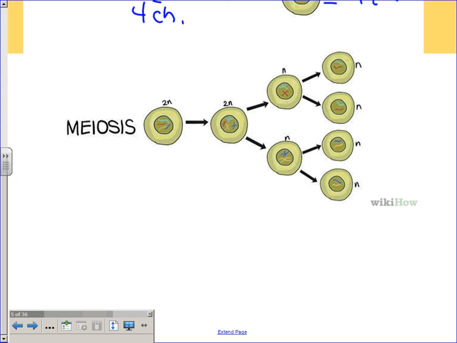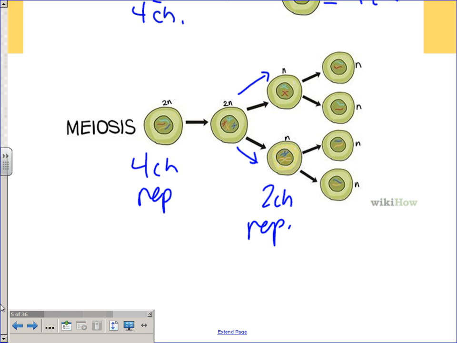That's easy peasy, making new cells to repair old dead ones. Meiosis, my ovaries, goes through 2 cycles, or 2 separations. We start off with 4 chromosomes. They're in that little single phase. You replicate them. They go through 1 division. They have 2 chromosomes here, but they're still replicated. They've not been separated.